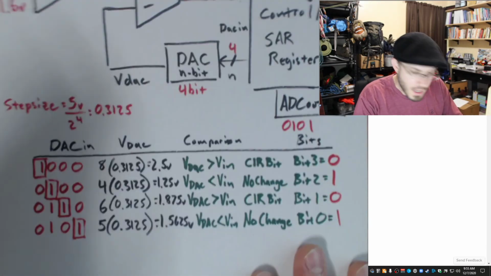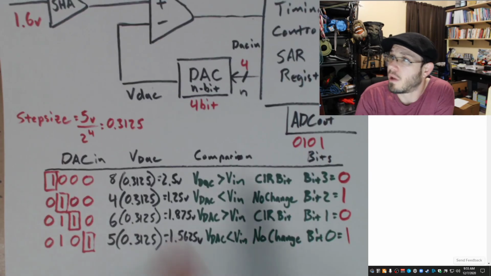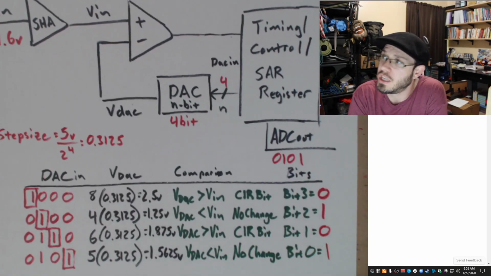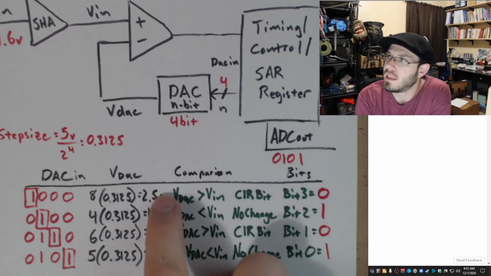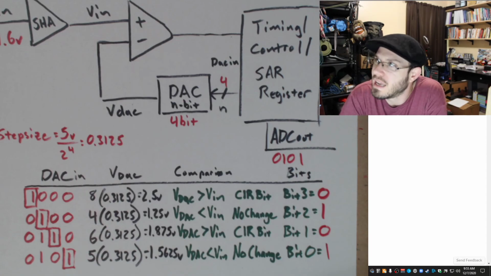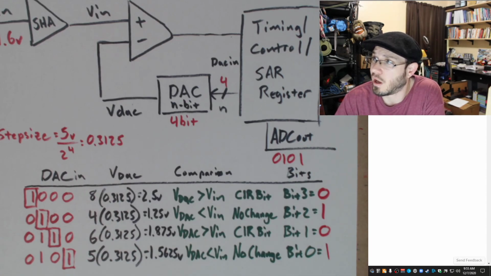I will let you guys know this will be on the final exam. I will ask for an SAR conversion, and I will ask for the VDAC at the different points. It will be for a 4-bit digital to analog converter.